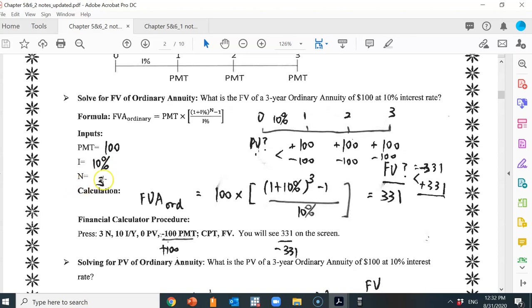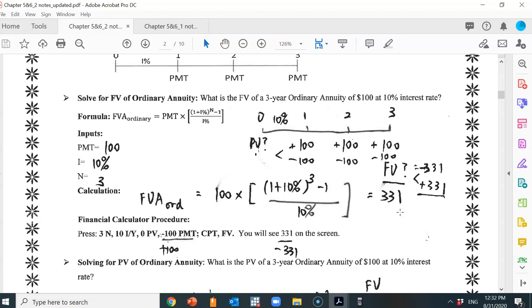N is the number of years, so we use 3. Then we plug the numbers into the formula. The future value of this 3-year ordinary annuity would be 100 multiplied by (1 plus 10%) cubed minus 1, divided by 10%. So we have 331 as our future value.